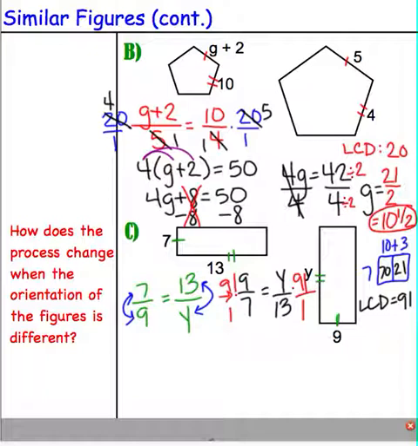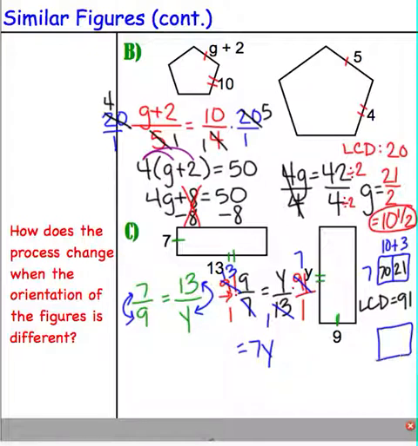Now, the convenient part about this is that because we already knew that 91 was made by 7 times 13, when these divide, 91 will go to 7, and 91 on this side will go to 13. So then we have 7y on the right, and on the left we have 13 times 9.